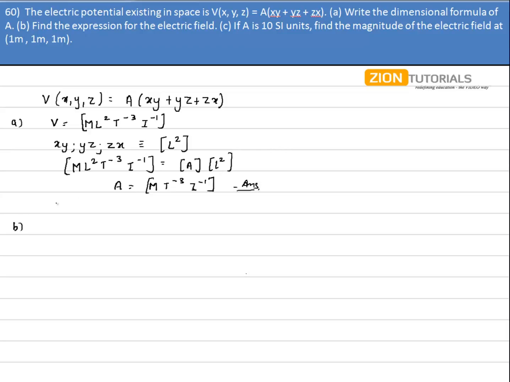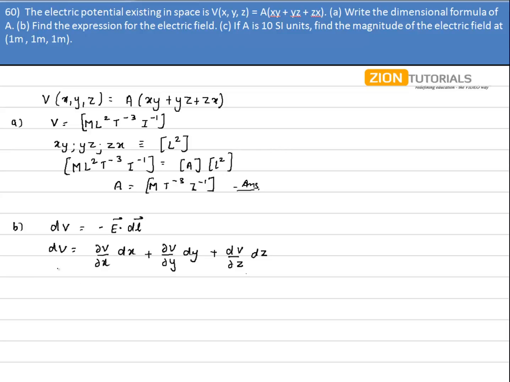Now in the second part we have to calculate the expression for the electric field. We know that a small change in electric potential is given by minus E dot dl. So dV is calculated by the formula dV = (∂V/∂x) dx + (∂V/∂y) dy + (∂V/∂z) dz.